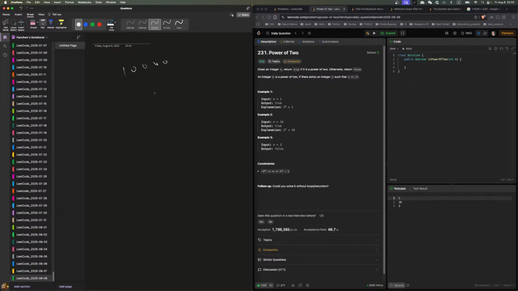So in order to check if this is the case, we basically say if I AND with this, it's going to be 0, which is this one minus 1. So what I need to do is n minus 1 and n needs to be 0.